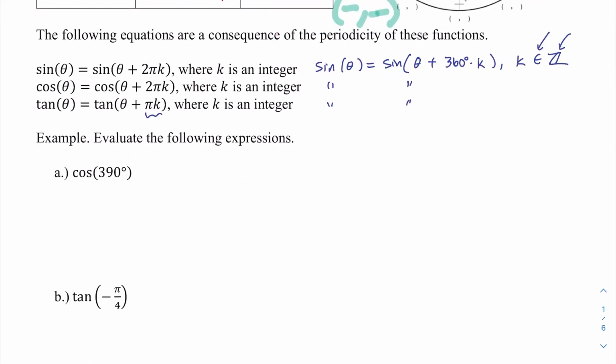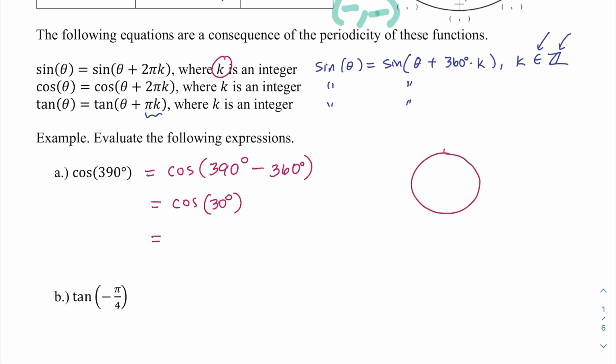So here I have cosine of 390 degrees, and so what this is saying is that I can go in either direction, cosine of 390 degrees minus 360 degrees, right? So I'm going one full rotation, where k, in this case, would be -1, and that would give me cosine of 30 degrees. And I go, well, I just might be more familiar with where that is, right?